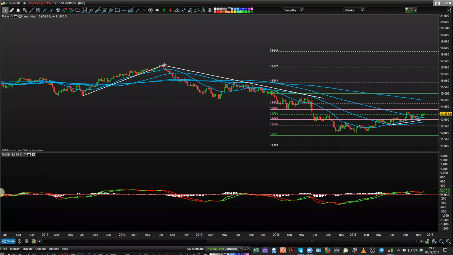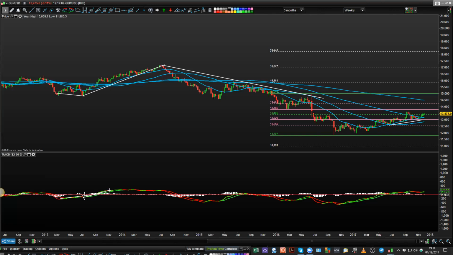So here you've got a pretty good move up. You get a nice change in momentum here in the MACD, as that, there's your divergence. Then we break across the midline here and get the crossover here.